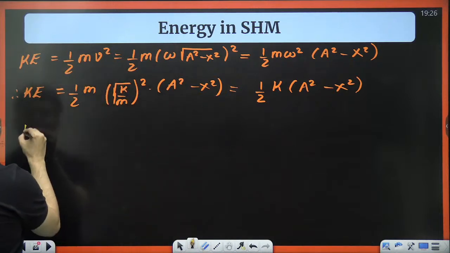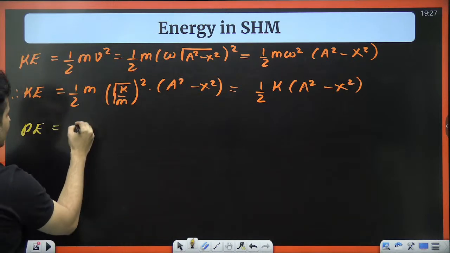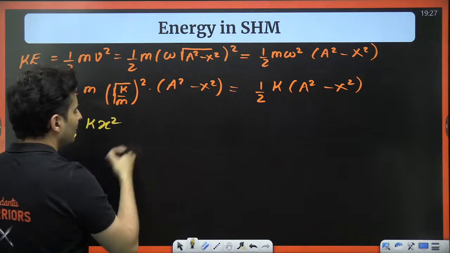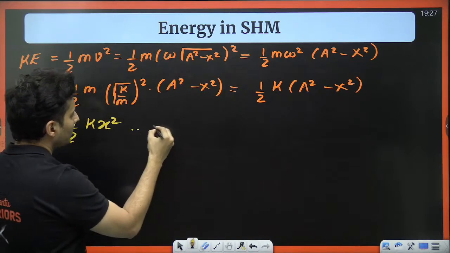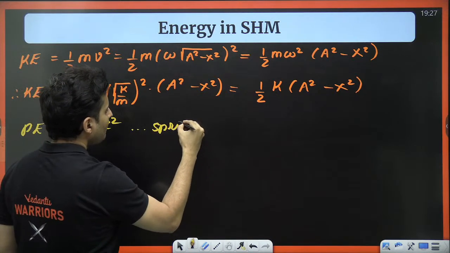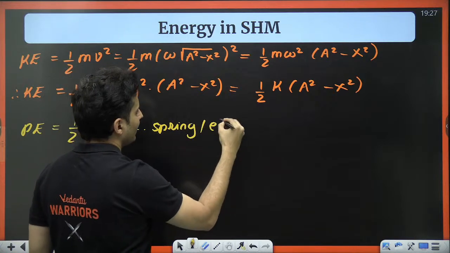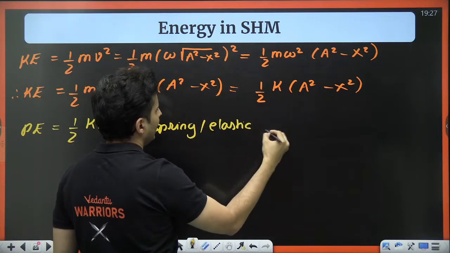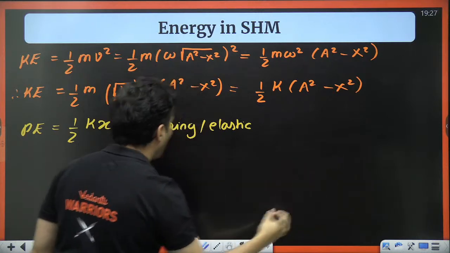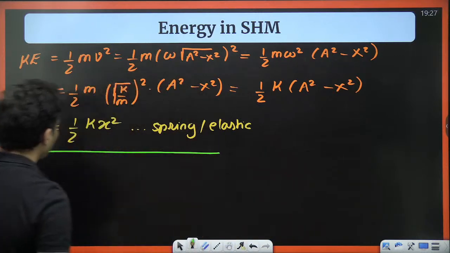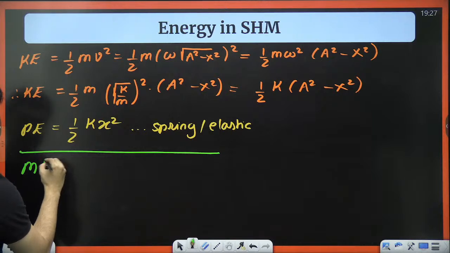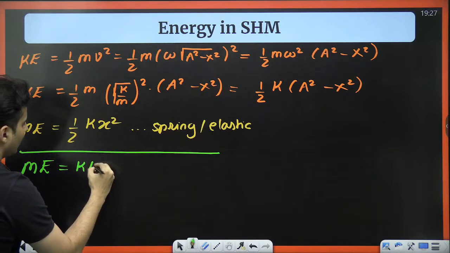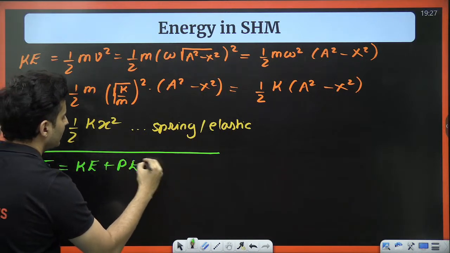Now let's also find the potential energy, my dear students. Half k x square is the spring potential energy, or basically your elastic potential energy. Now you add both of them. What will you get? You will get the mechanical energy, which is kinetic energy plus potential energy.